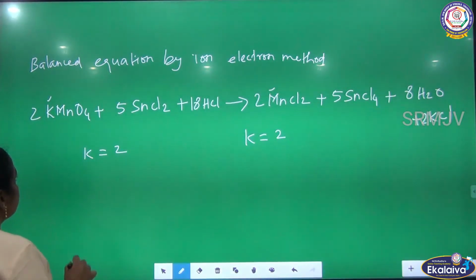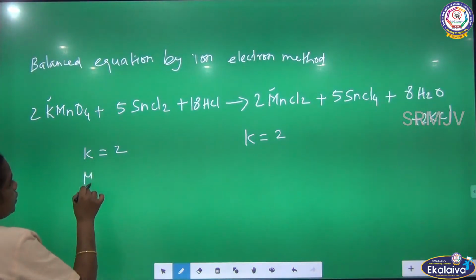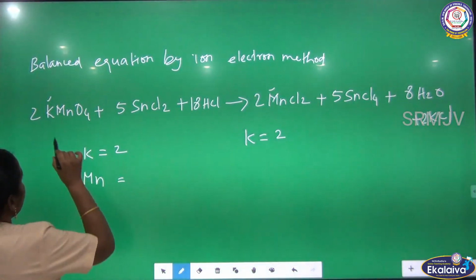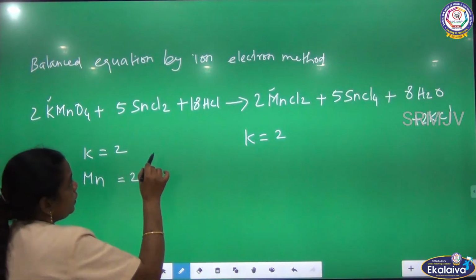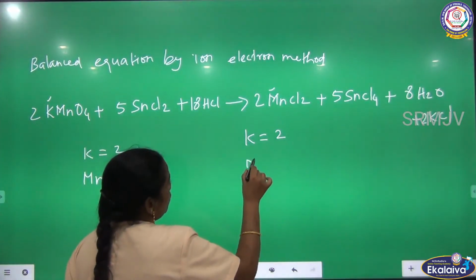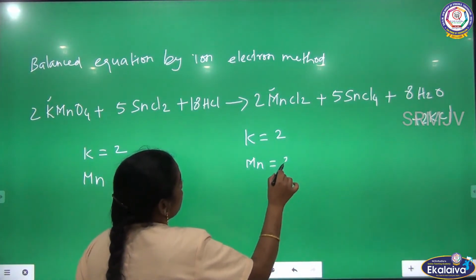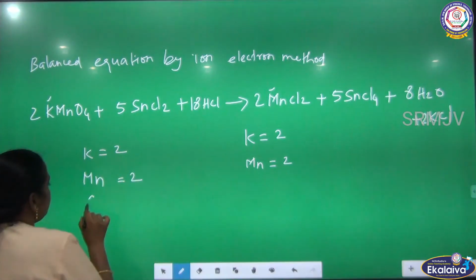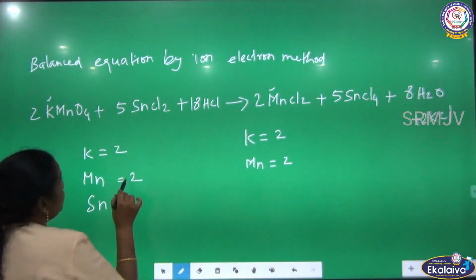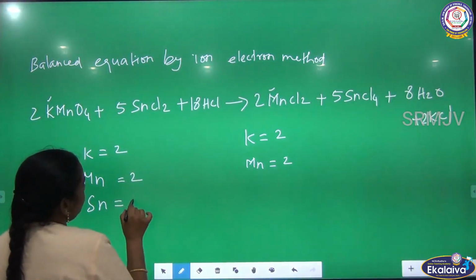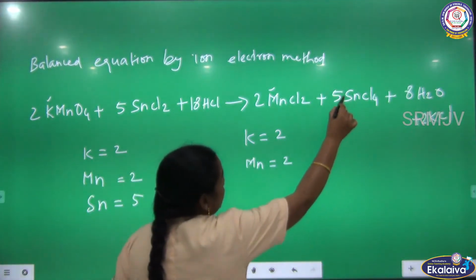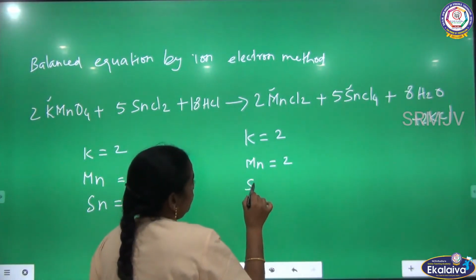And next Mn equals 2, and on this side Mn equals 2. And next Sn equals 5, and here Sn equals 5.